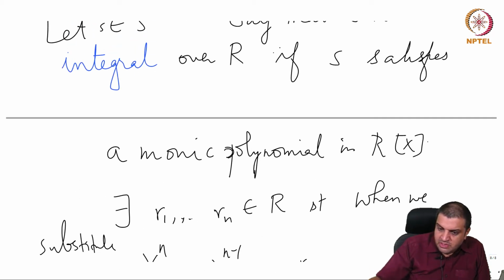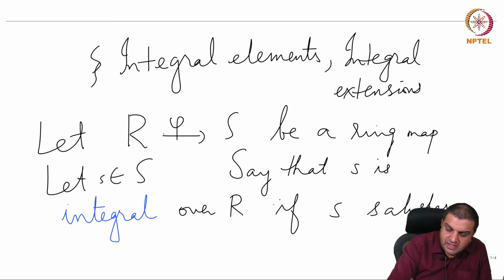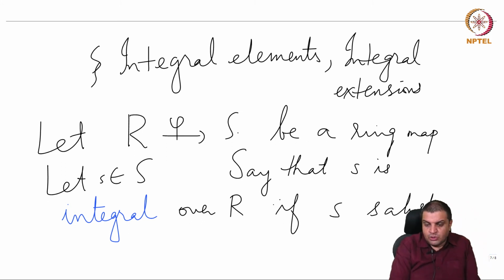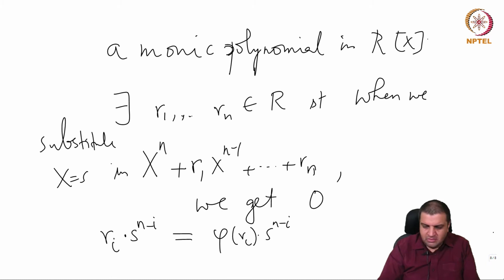We are not saying this phi is injective, and whenever we multiply two elements inside S, the action is always through this ring homomorphism. That is a standard thing. We often don't write this, we just say ri times s to the n minus i. That's what this means.